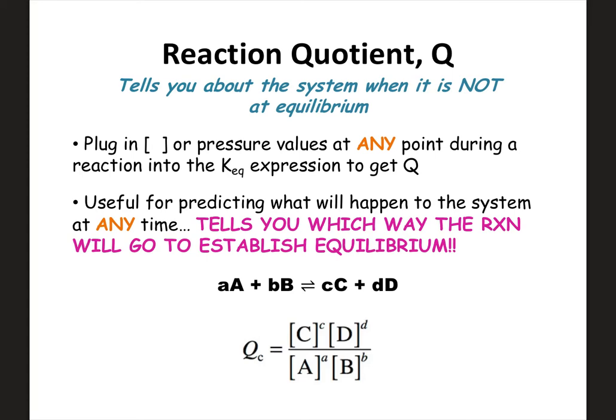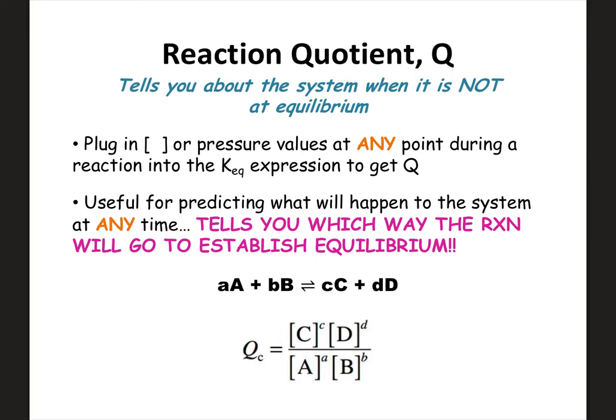Now we're going to look at something called the reaction quotient, or Q. Basically, Q will tell you about your system when you are not at equilibrium. If you have concentrations for your reactants and products and you haven't reached equilibrium yet, Q will tell you which way the reaction is going to shift in order to reach equilibrium.